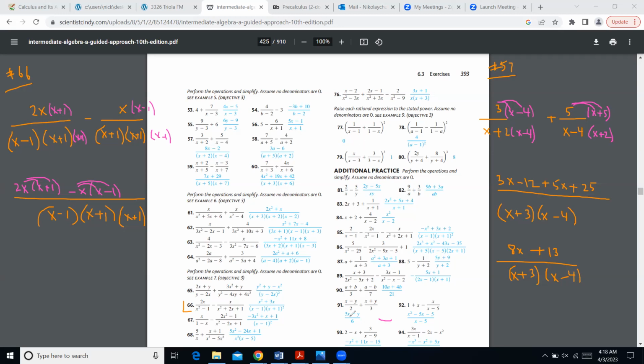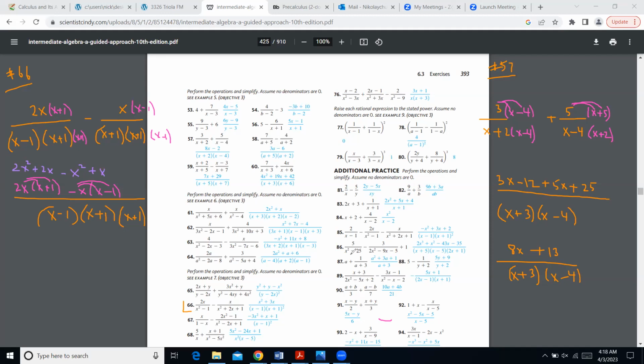So what I do is I just distribute this carefully. So I don't want to copy this denominator again. I'm just going to distribute this here on the top. So it'll be 2x squared plus 2x. And then negative x, when I distribute, I get minus x squared and plus x.